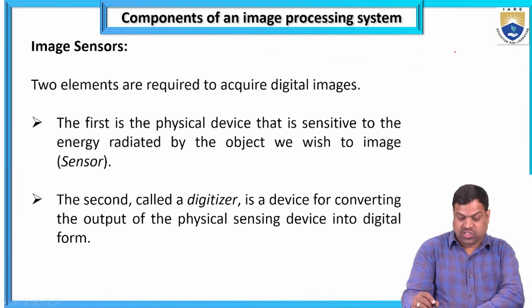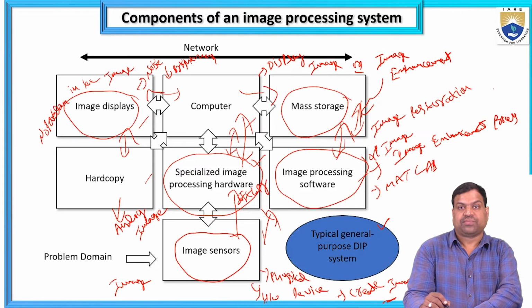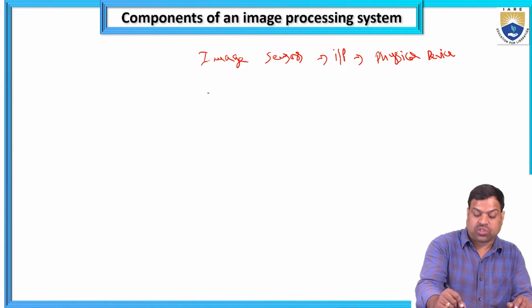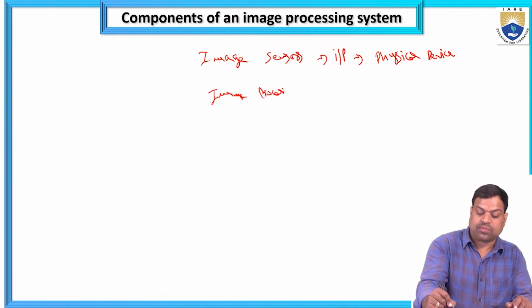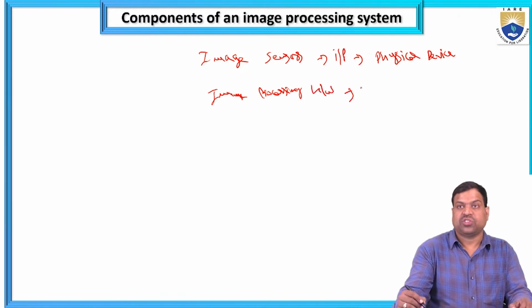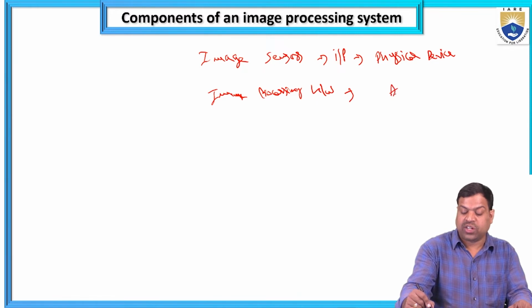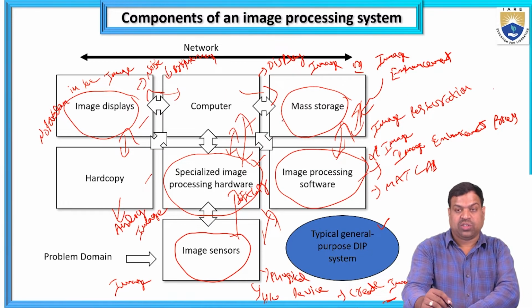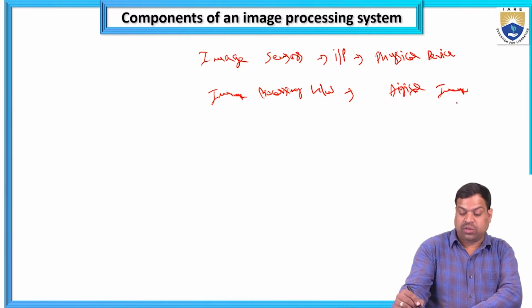After the image sensors comes specialized image processing hardware. Here it converts to the digital image. After that, the computer will show the digital image.